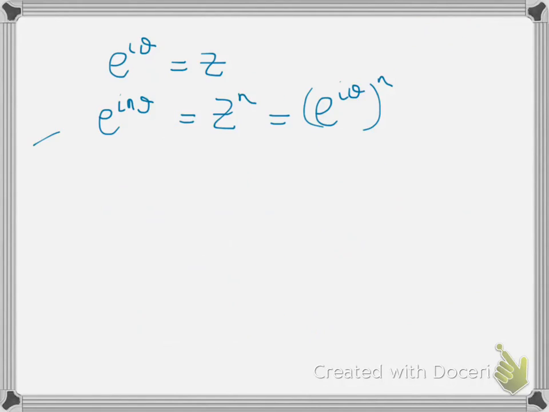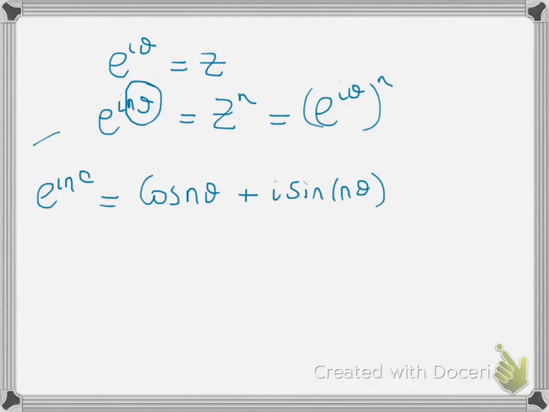Now if that's the case, then if we've got our angle n theta, that must be equal to cos n theta plus i sine n theta.